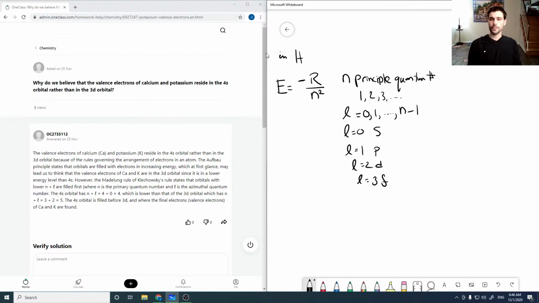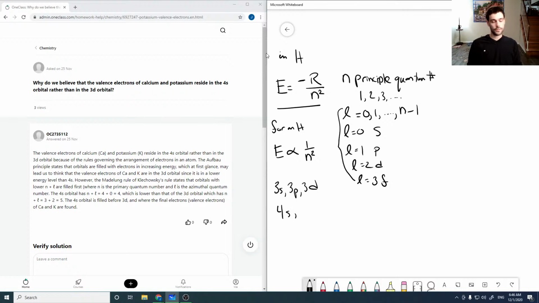Now, if we look at this equation, we see that for an H atom, energy only depends on 1 over n squared. So L doesn't come into play, right? So that means that a 3s, a 3p, and a 3d orbital all have the same energy, right?